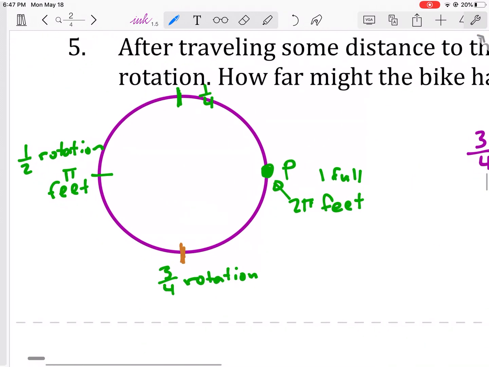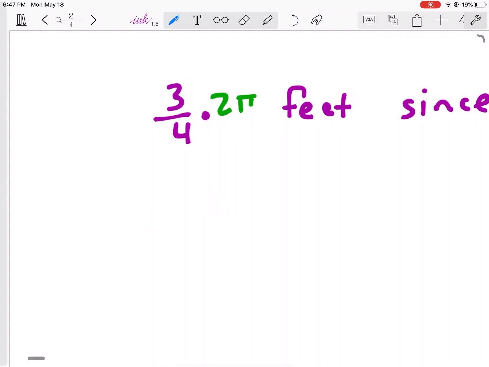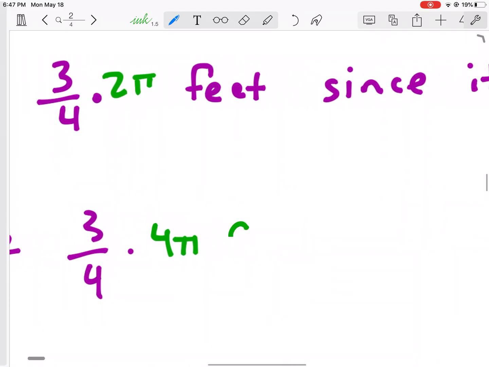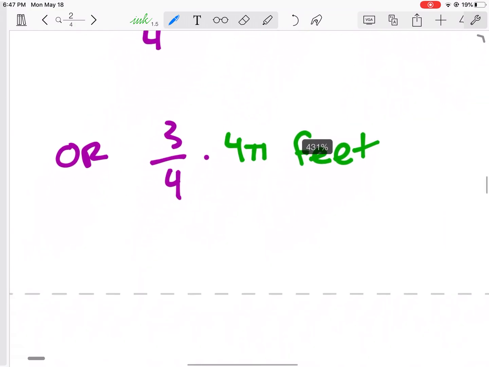Or what if it actually kept going? Could go just 3/4 of a revolution, but what if the bike rotated all the way around, kept going, and rotated again to here? Well, it would have already gone 2 pi. Another rotation, 2 rotations, would be 4 pi. So we could say 3/4 times 4 pi feet. Or what if it went all the way around again? That would be another 2 pi.